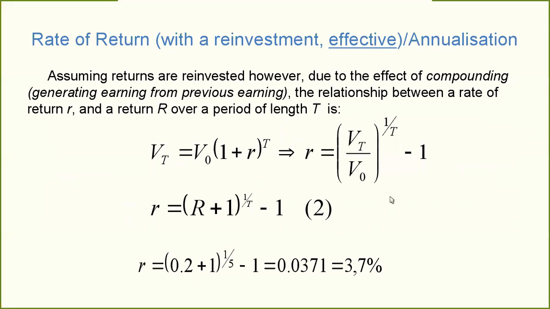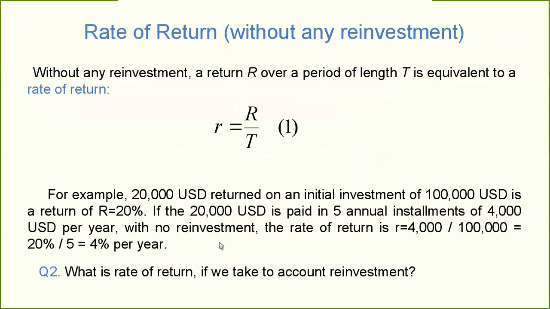So formula 2, which gives the link between R little, R capital, and length t, is in this form. If we remember the previous example, the R little rate of return was 4% per year, and it was without any reinvestment.